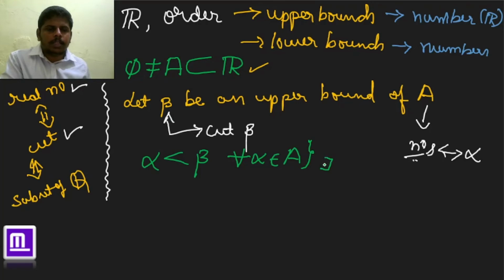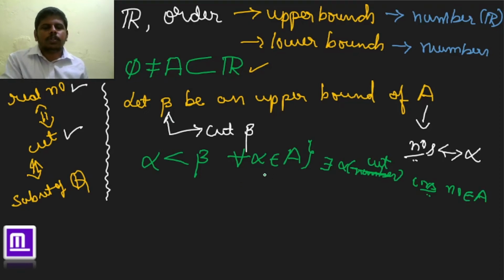Sorry, there is a cut, say alpha, whose corresponding number is in A. So this means alpha belongs to A. Alright. So this is how we are going to define upper bounds.